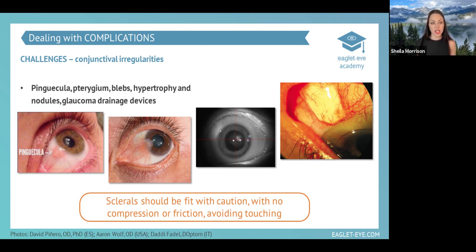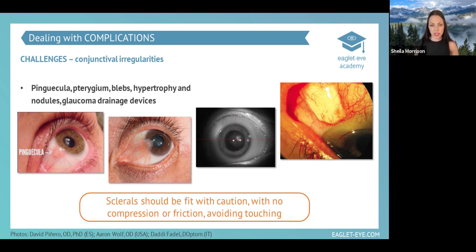But typically in clinical practice, some of the most common complications related to the conjunctiva or the scleral shape with the overlying conjunctiva are lumps and bumps, things that perhaps will be an elevated area of the eye so that when a lens is placed on it, that elevated spot may be under compression.